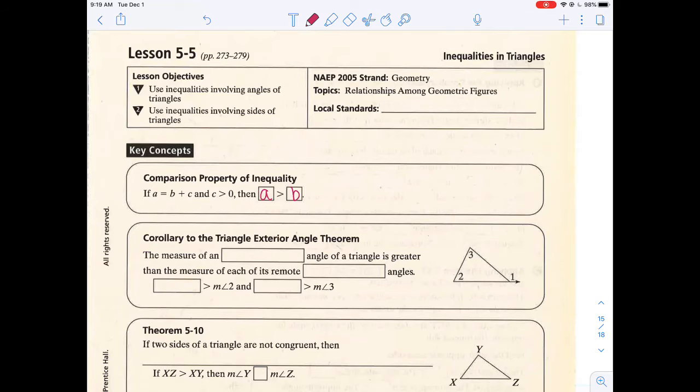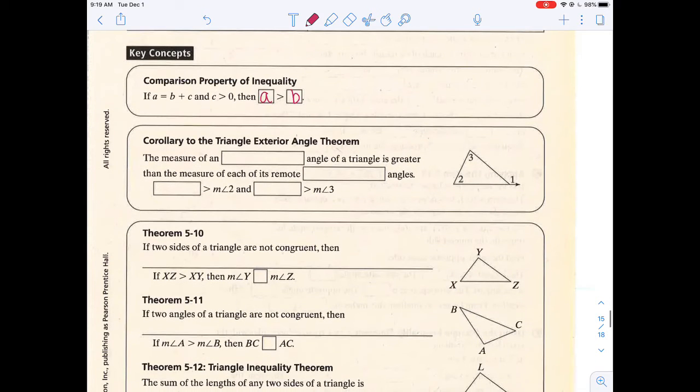Then the corollary to the triangle exterior angle theorem. This one says the measure of an exterior angle of a triangle is greater than the measure of each of its remote interior angles. So this angle 1 here is greater than angle 2 plus angle 3 is what that's saying.